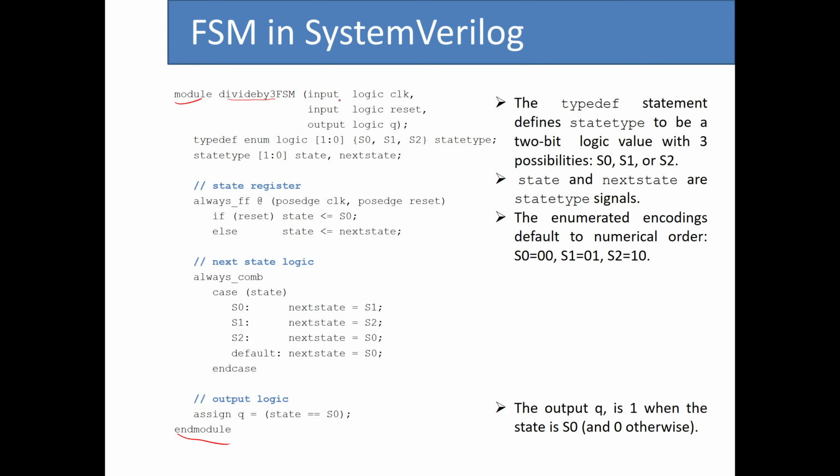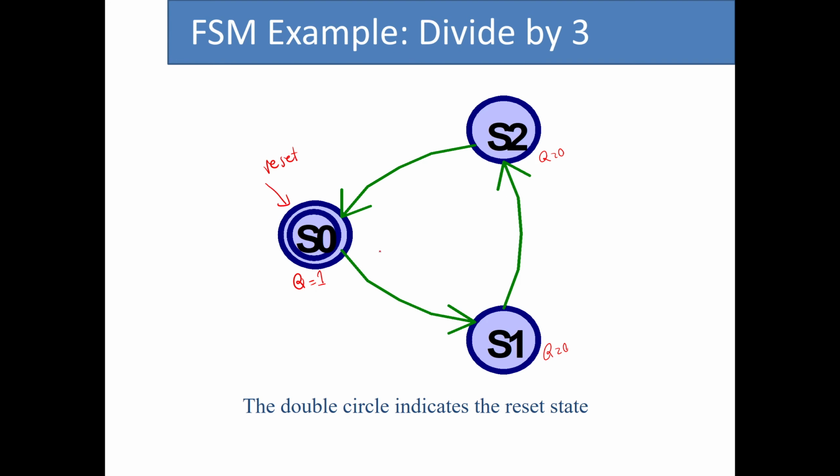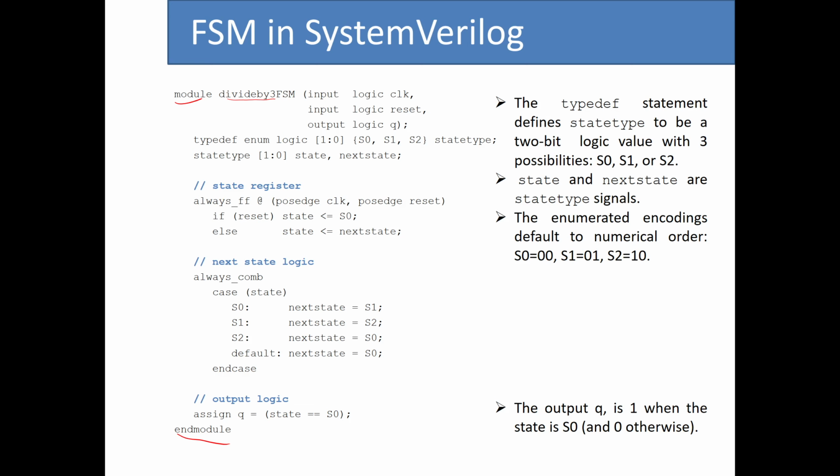For the inputs we have a clock and a reset, and a Q output. This system doesn't have any other inputs or outputs. Only reset and one output Q, and since it's a finite state machine it requires a clock signal as well.